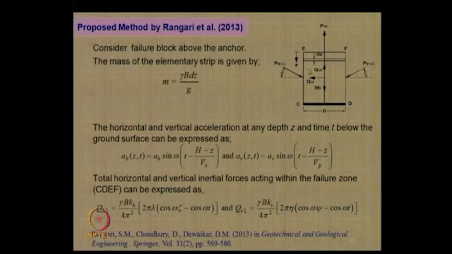That will give you the seismic inertia forces in this zone, which you can obtain by integrating these inertia forces over the entire depth of the anchor plate. That is how you get these values of Q_H2 and Q_V2, that is the horizontal seismic inertia force and the vertical seismic inertia force, right.